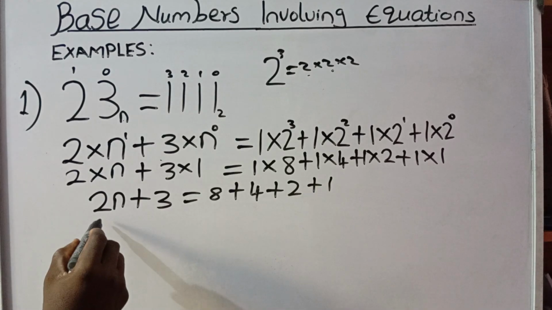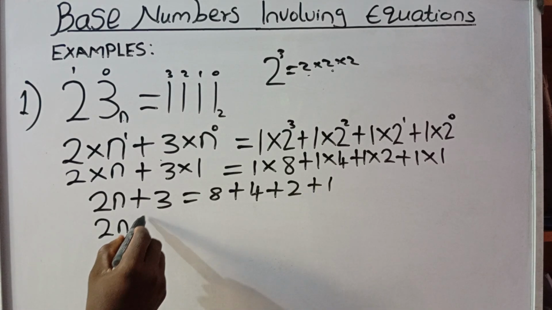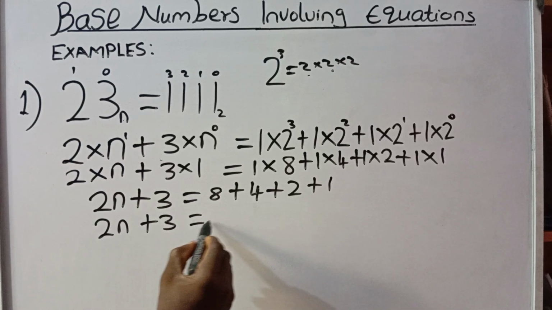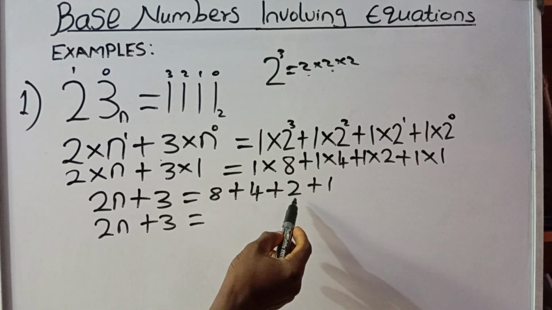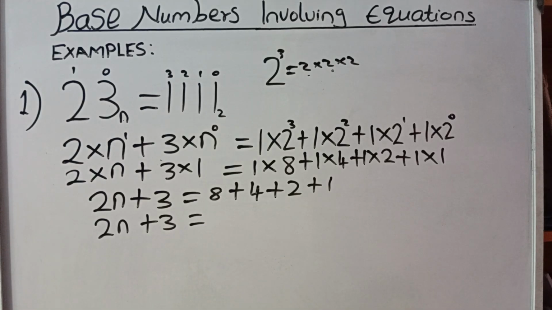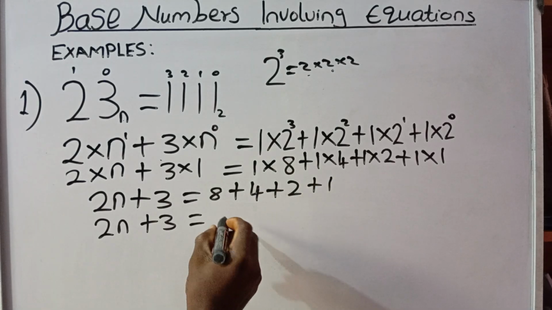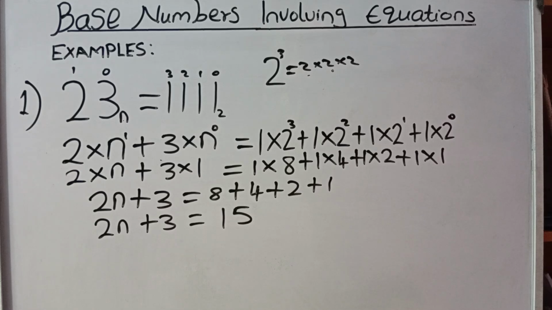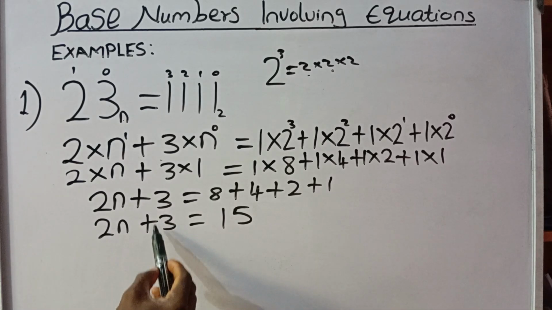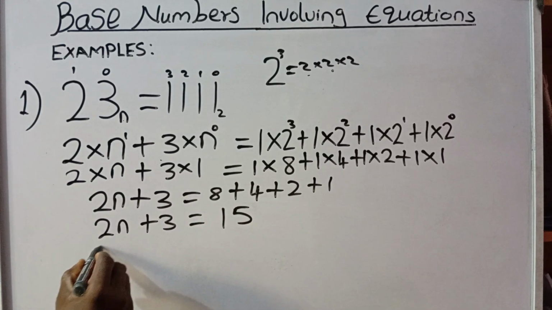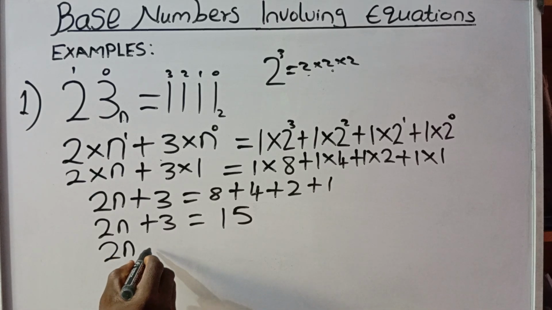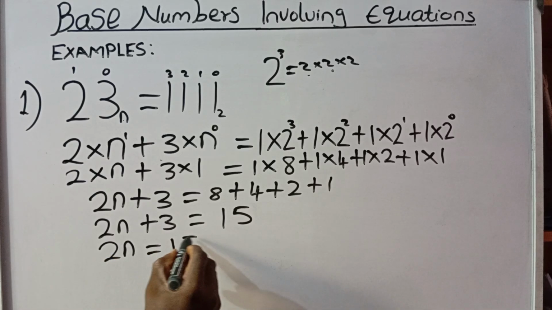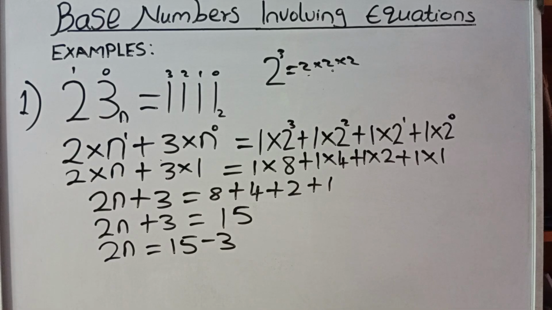All right, so we have 2n plus 3, and 8 plus 4 is 12, 12 plus 2 gives us 14, 14 plus 1 gives us 15. So from here, we collect like terms. That is to say, plus 3 will be moving over to the other side. We have 2n is equal to 15 minus 3.